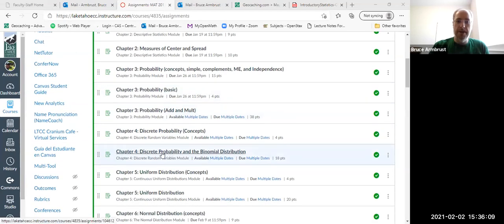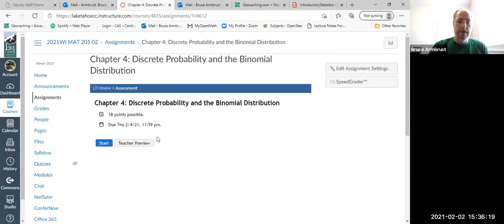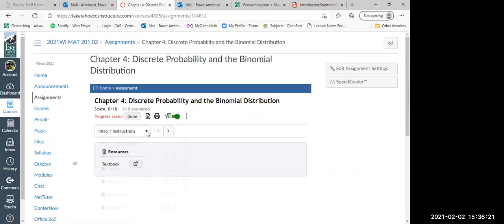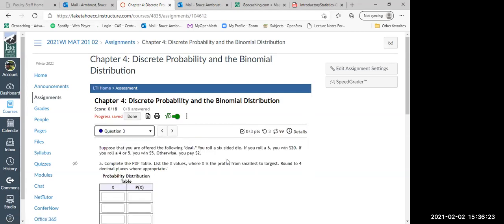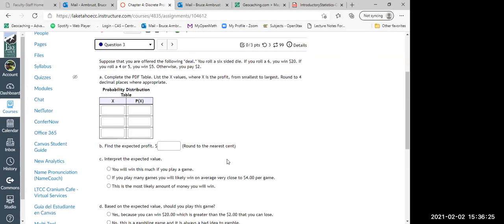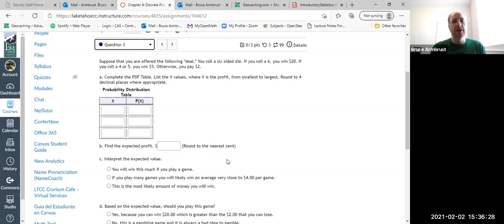So let's start with the discrete probability and binomial distribution. And it was number 3 in that, was that correct? Okay, so it says, suppose that you are offered the following deal. You roll a 6-sided die, so just a standard die.